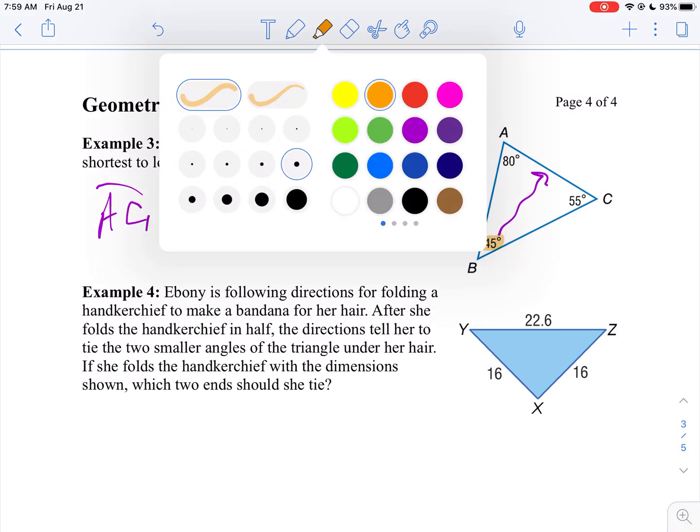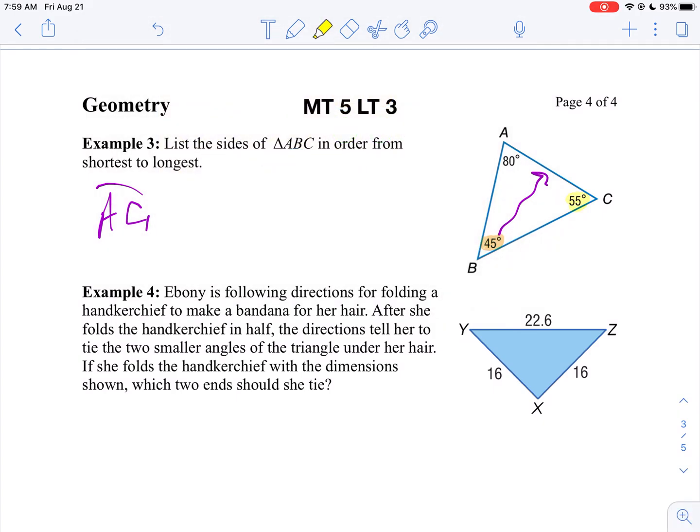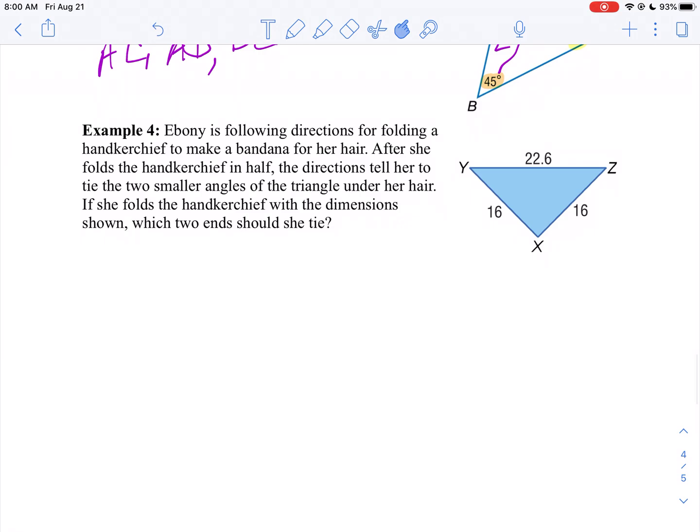The next biggest one after 45 degrees is 55 degrees. What side is opposite that? That's side AB. And then the only one we don't have left is side BC. And there's your answer.